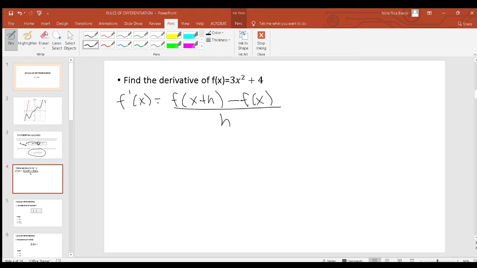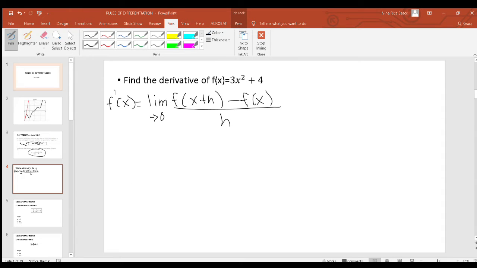I forgot ilagay yung limit natin. F prime of x equals to limit of f of x plus h minus f of x over h as h approaches to 0. Remember, before we substitute 0 to this function, we have to manipulate first the function.